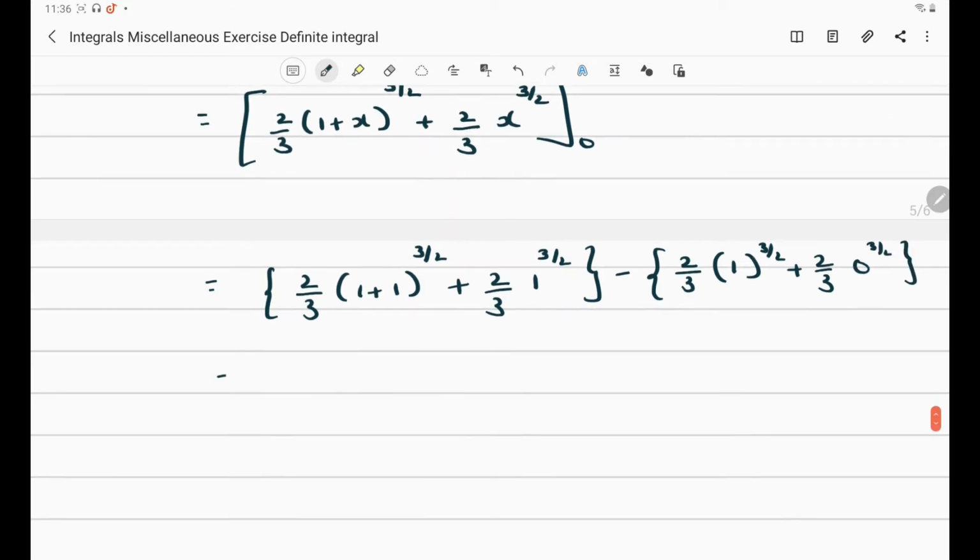So, we get this as 2 by 3, 1 plus 1 is 2, 2 power 3 by 2, plus 2 by 3 into 1 is 2 by 3, minus 2 by 3, minus 0.